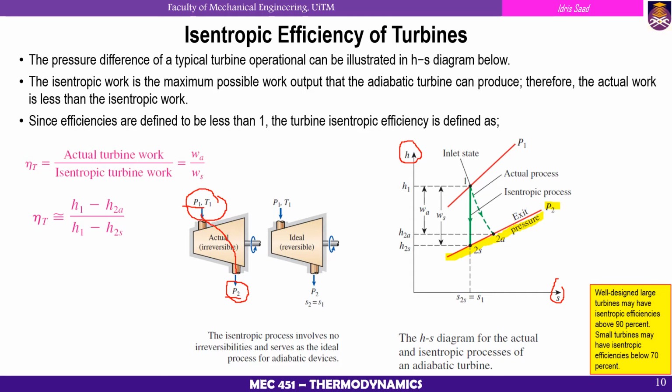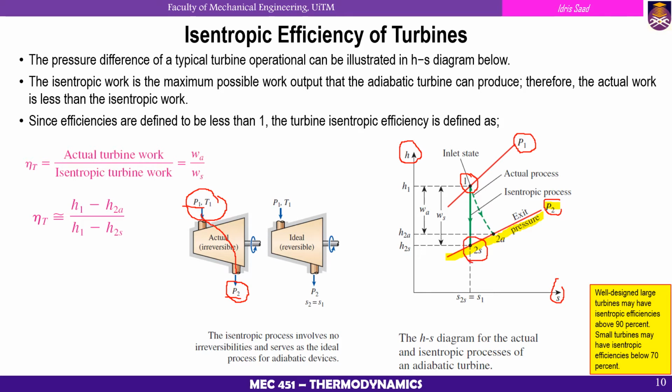Based on this, we can write pressure 1 here and pressure 2 here. This is state number 1, the inlet of the working fluid into our turbine, and we have two state number 2. The first one is state 2s.